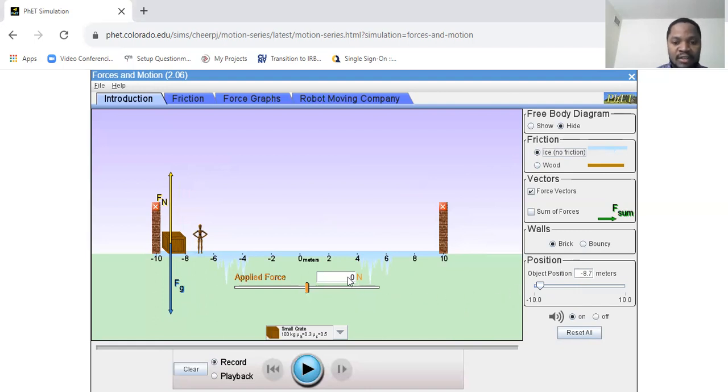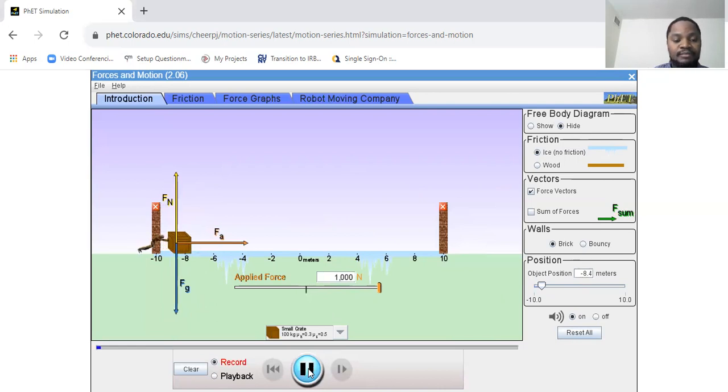So they say, let's compare maybe 1,000 newtons versus 5,000 newtons, and you see how the box speeds up. You can type here 1,000 newtons and you play. Once you play, the box will start moving with a net force of 1,000 newtons.